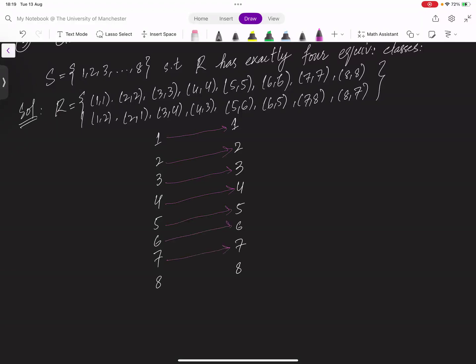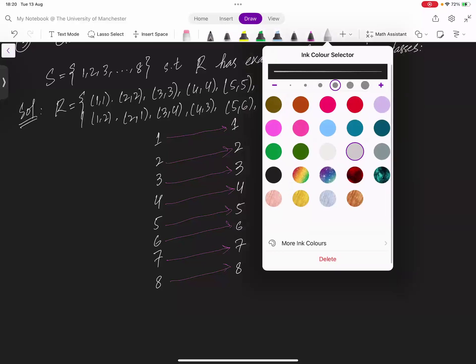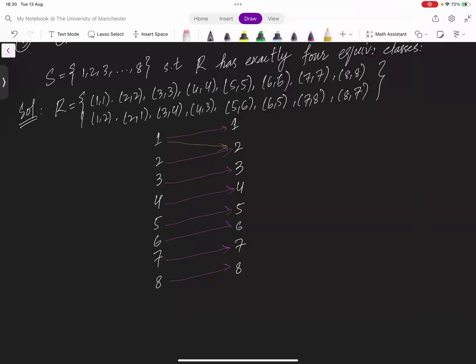And then 1 goes to 2, 2 goes to 1, 3 goes to 4, 4 goes to 3, 5 goes to 6, 6 goes to 5, 7 goes to 8, and 8 goes to 7. We can do that.